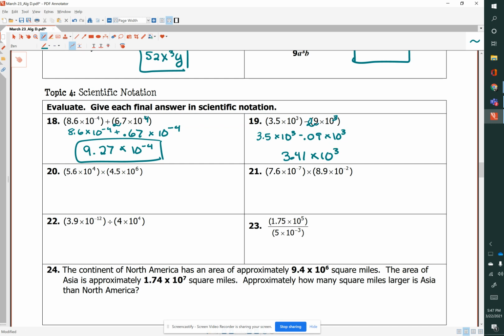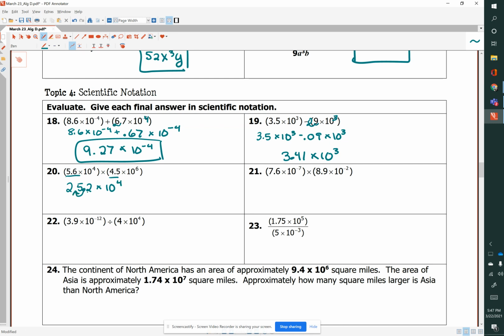Number 20, we have multiplication. So it would be 5.6 times 4.5, which would be, I'm sorry, it'd be 25.2, not 2.52. 25.2 times 10 to the fourth. Now that's not proper scientific notation.